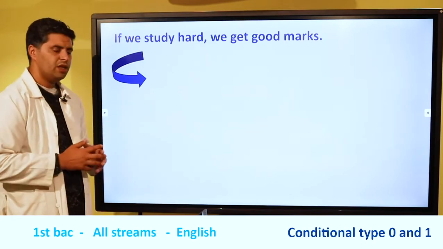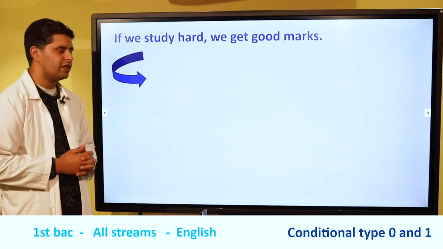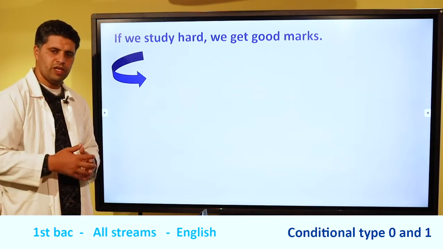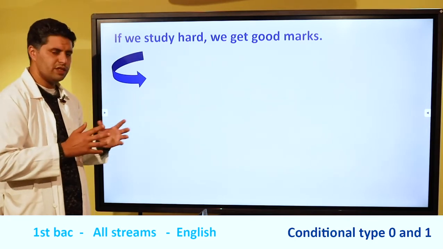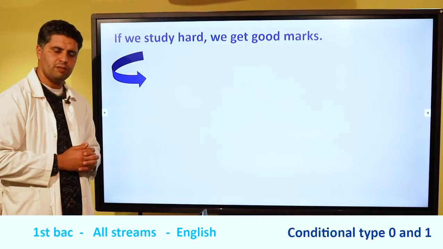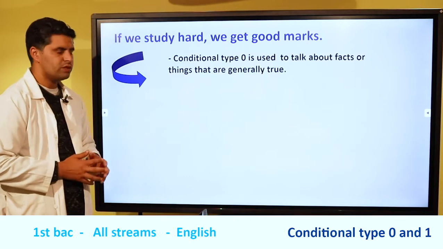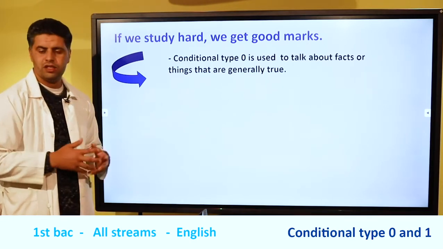Okay, so here let's take the same statement we have started with, which is, if we study hard, we get good marks. Okay, so we have just said that this statement is an example of the conditional type 0. Conditional type 0 is used to talk about facts, or things that are generally true.